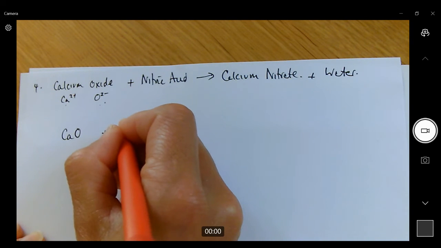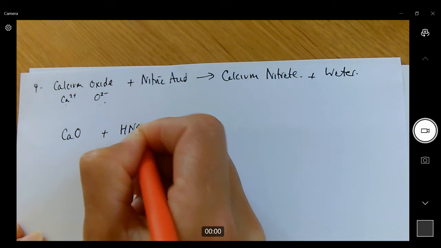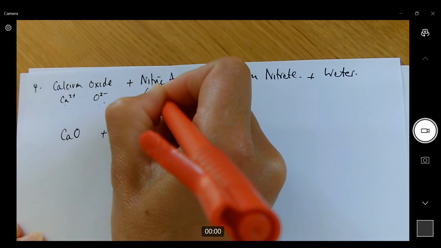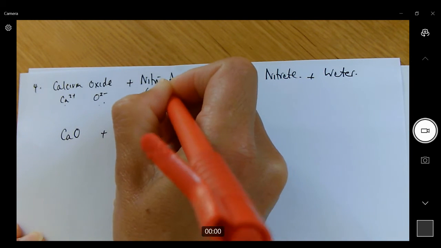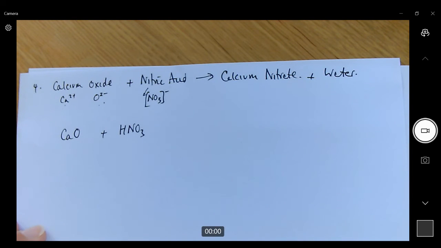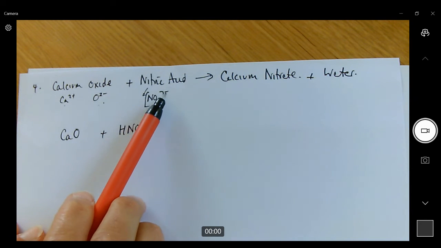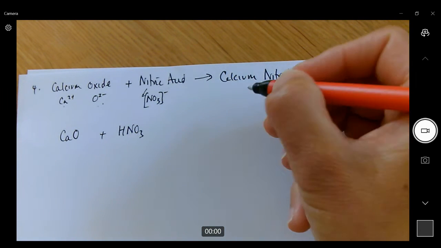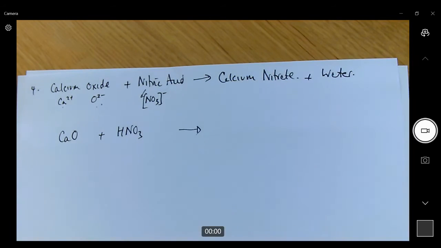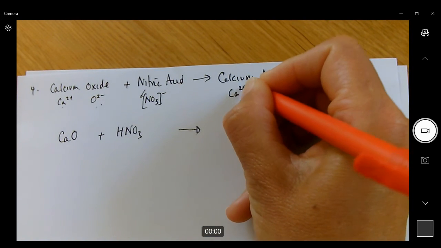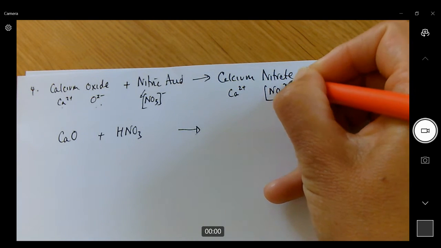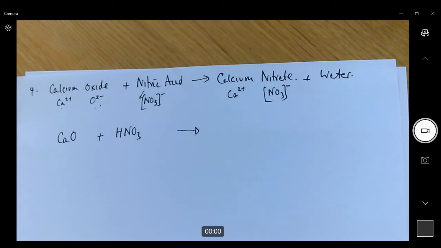Nitric acid, you just need to learn, HNO3. And remember, nitric acid produces nitrate salts. The nitrate ion is NO3, and it has an overall charge of -1. So when we come to work out our salt, we know that calcium has a 2+ charge, our nitrate ion from our acid has a 1- charge.